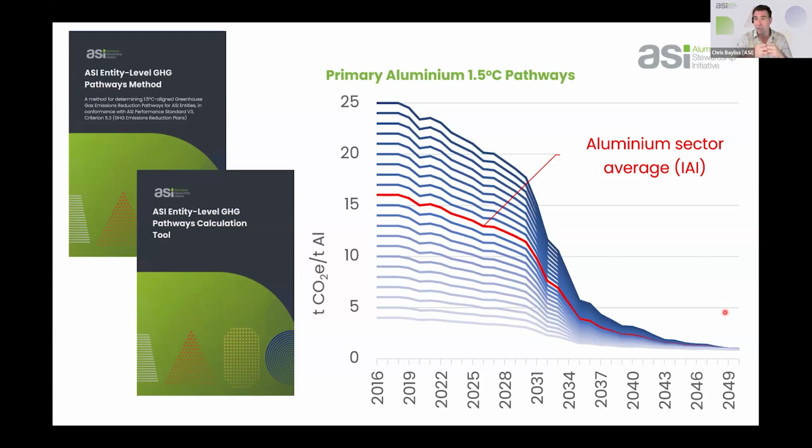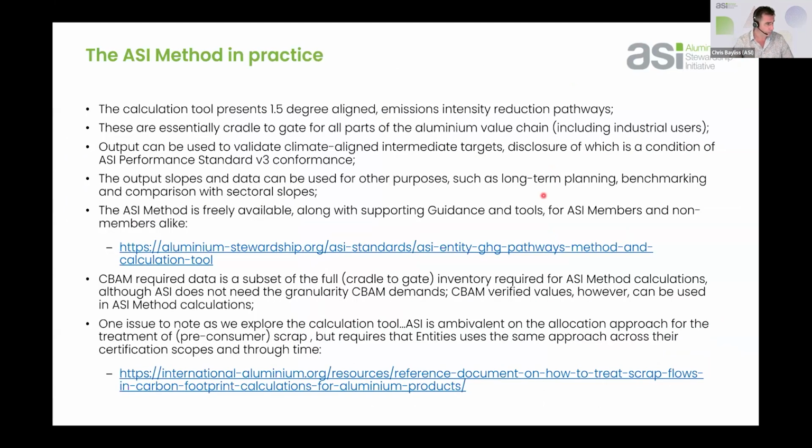So the question of how we treat that data is irrelevant. We don't get access to that data. What that data is used for is to talk to your auditor during audit to demonstrate that you have targets that are aligned with the tool's slope. That's a discussion between you, the entity, and the auditor.